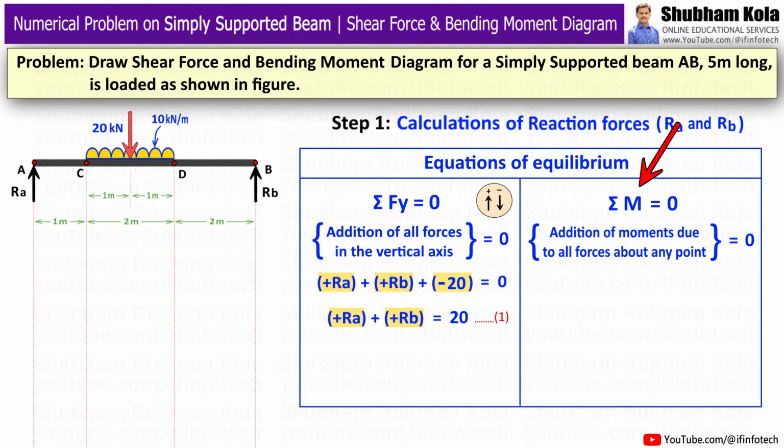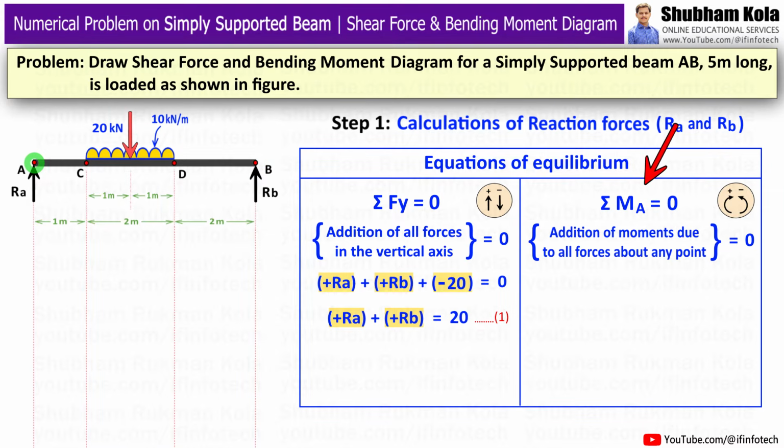Now the next equation is summation of moment equal to 0. So for calculating moment, either we can take moment at point A or at point B. And here my sign convention would be clockwise moment as positive and anticlockwise moment as negative.